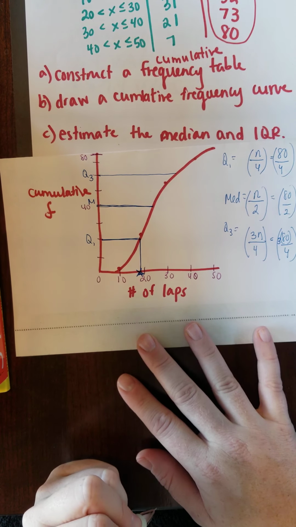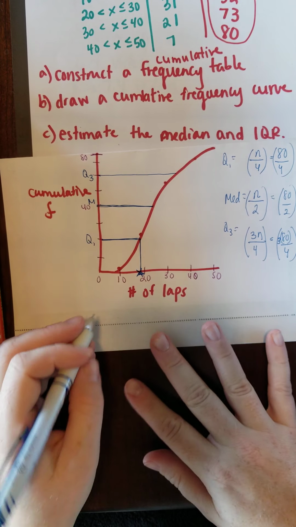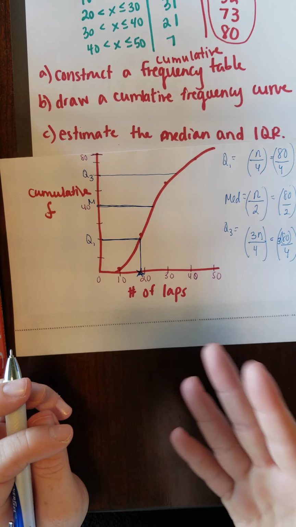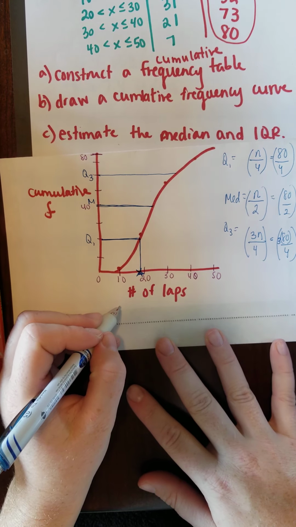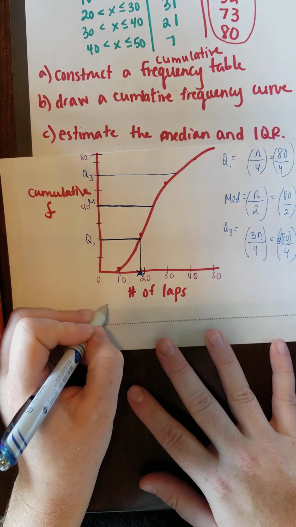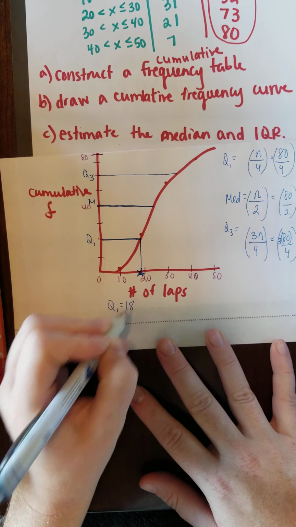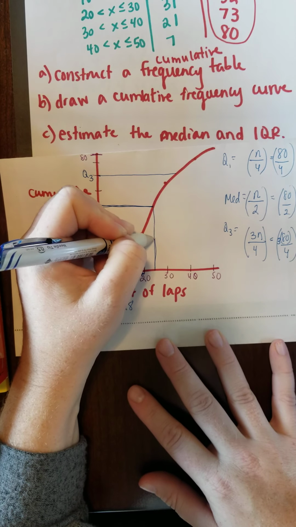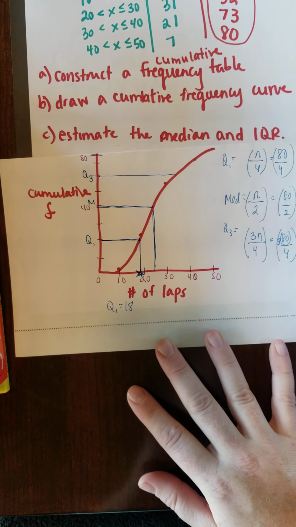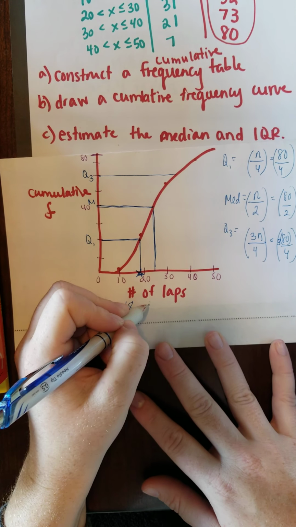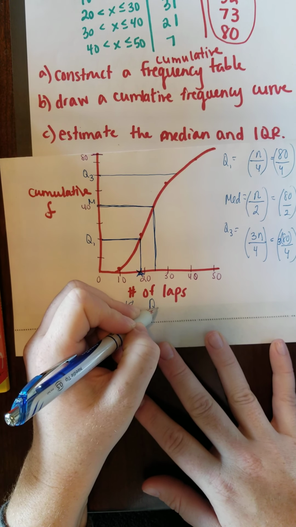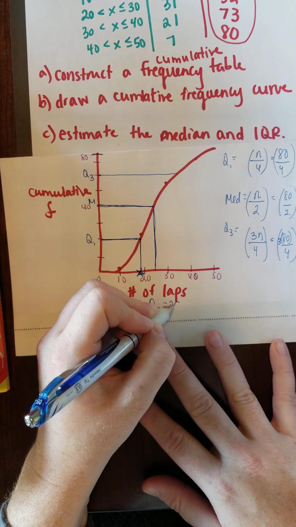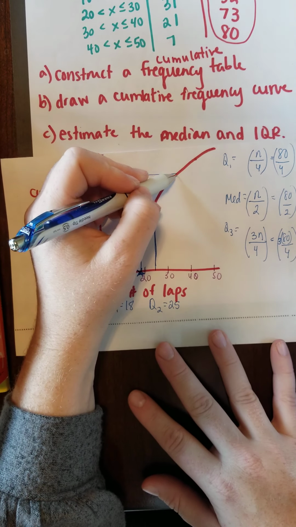So it looks like Q1 maybe is around 18. I mean, having it on an actual graph is a lot better, but let's just go ahead and take a guess. So we'll say Q1 is 18. Drop your median down. I don't know, like 25. It's kind of hitting right in the middle. It's a hand-drawn graph. So Q2, or the median, would be 25. And then drop this last one.